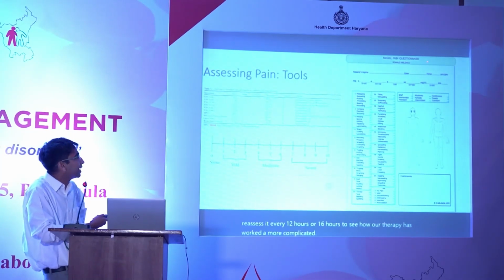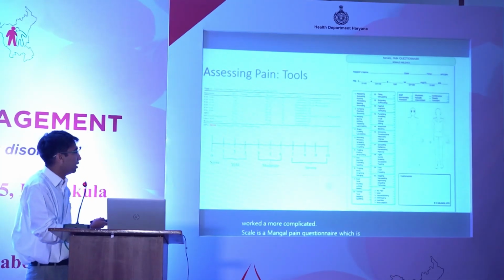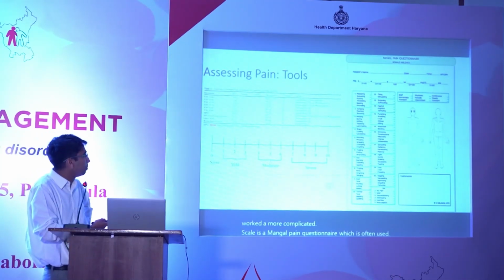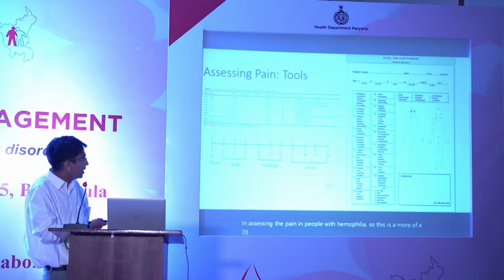A more complicated scale is the McGill pain questionnaire, which is often used in assessing pain in people with hemophilia. It uses 78 adjectives to define the pain, and it is scored accordingly.